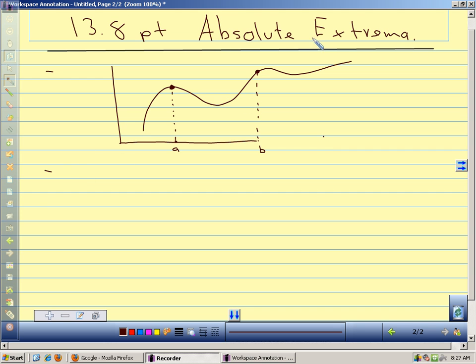And our absolute maximum or minimum will be at a critical point or at the boundary of the region.